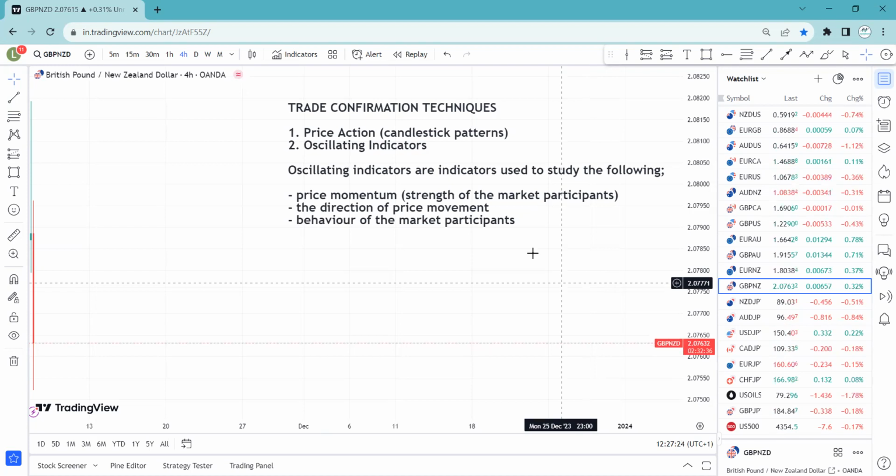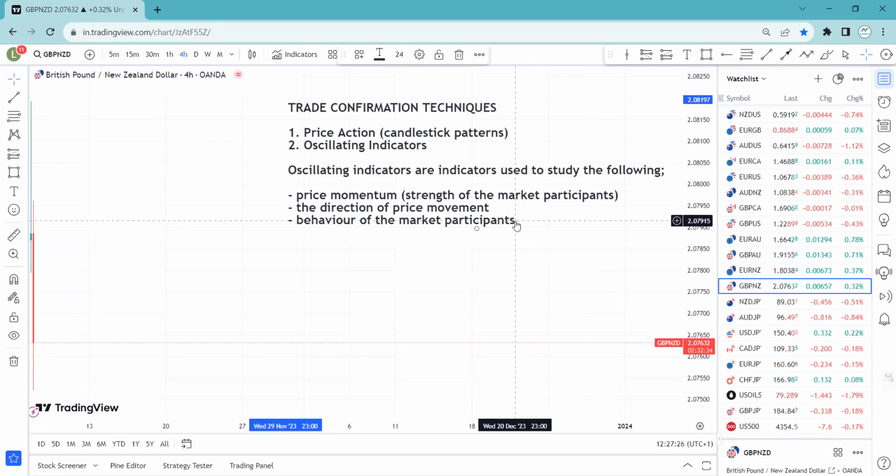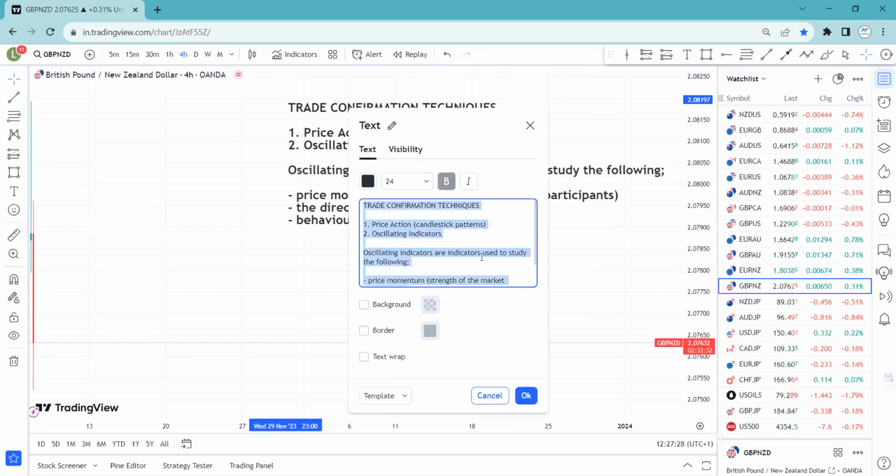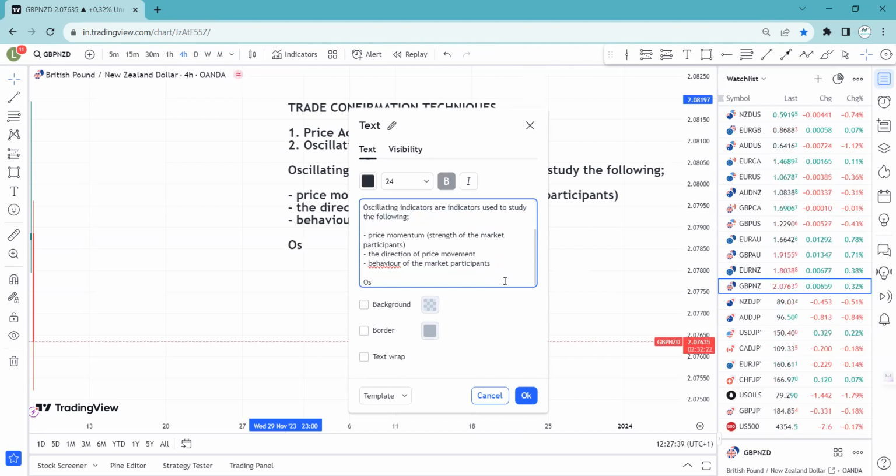Now, what exactly are these oscillating indicators, right? Or what are some examples of these oscillating indicators? So let me put it, oscillating indicator examples.